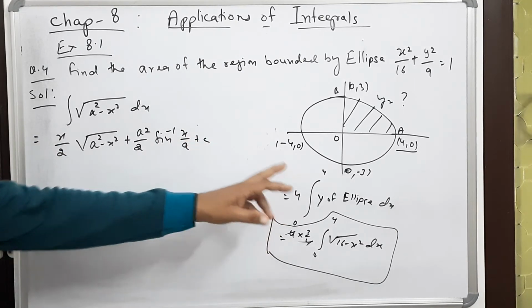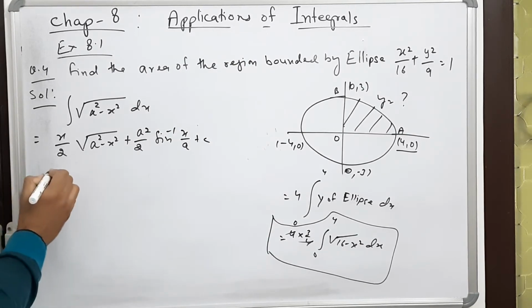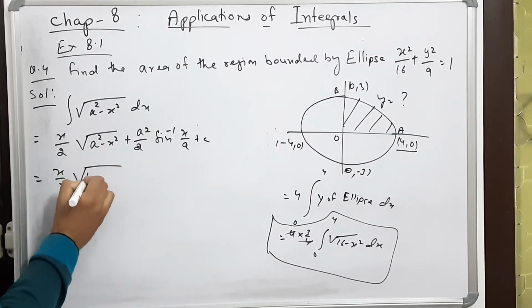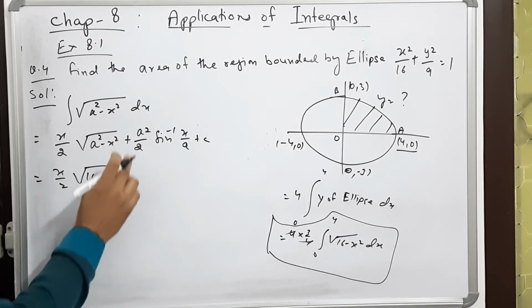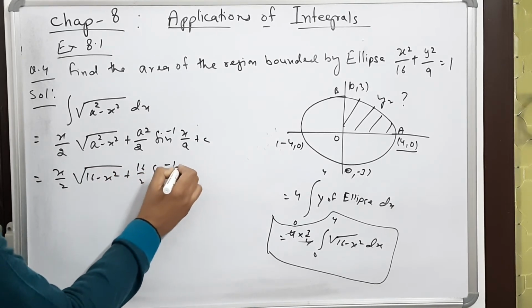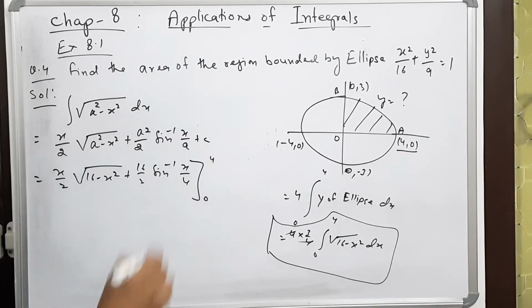But when the limits are there, then plus c will not be there. So by using this formula, x by 2 root 16 minus x square, plus a square, 16 by 2 sine inverse x by 4, and the limit is 0 to 4.